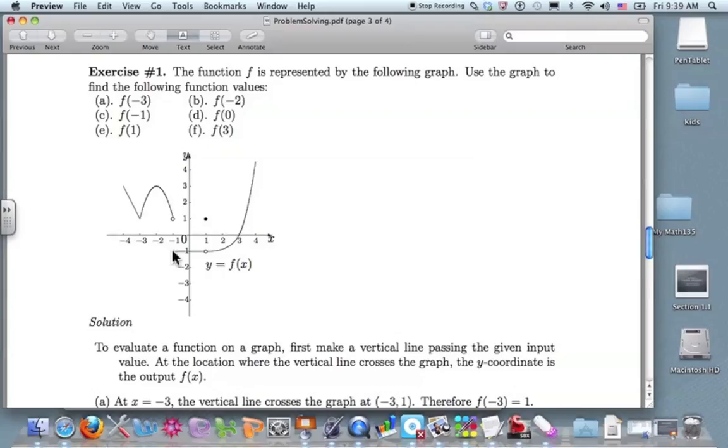So the dot is located at the vertical reading -1, and therefore f of -1 is -1, and f of 0 again is -1, and f of 1, since it hits the dot first at 1, so f of 1 is 1. And f of 3, the vertical line hits the curve at 0, so f of 3 is 0.